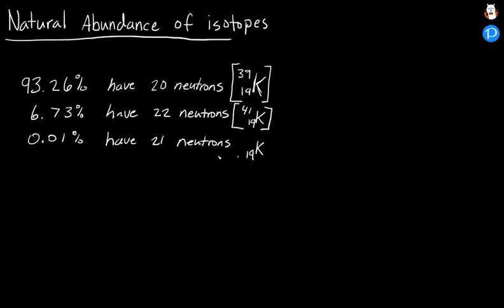So 19 plus 21 is going to give us 40. So for K40, we're barely ever going to find this, right? This is 0.01%. It's almost nothing. So basically, a very, very small amount of the potassium in that banana is going to be this guy. And most of it is going to be this isotope here.